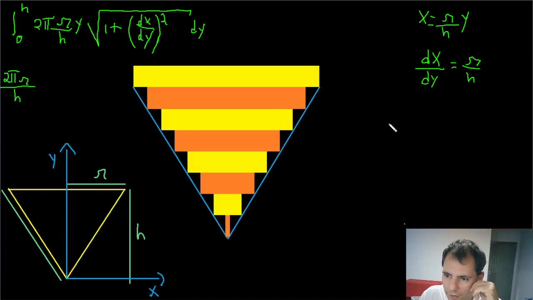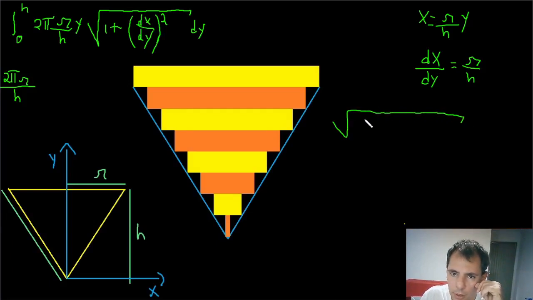What do we have here? What is this equal to? I can say that this whole thing equals, well, you have dx dy squared here. What is dx dy? It's r divided by h. So the whole thing is r squared divided by h squared plus 1. But I want to unite these two, so how can I make this 1 have a denominator?